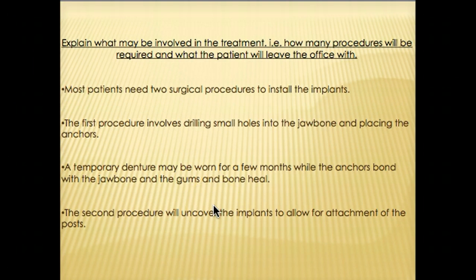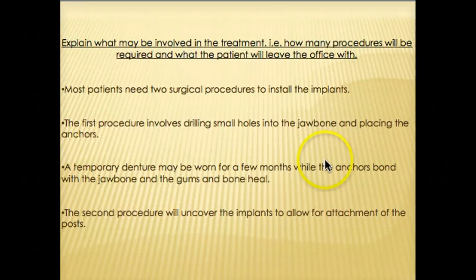The next part of the consent form would explain what may be involved in that specific treatment. For example, how many procedures will be required and what the patient will leave the office with. For example, most patients need 2 surgical procedures when placing an implant.